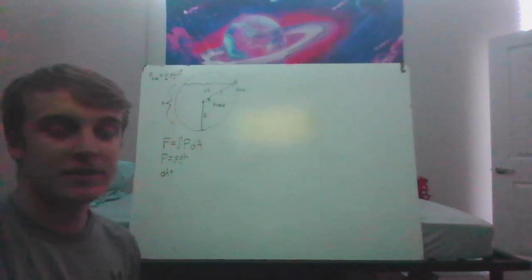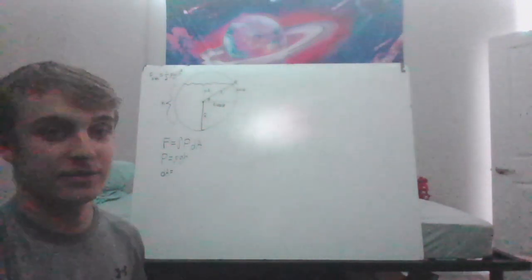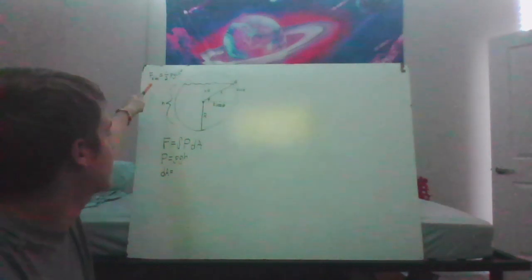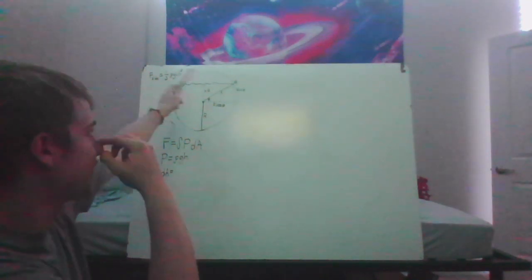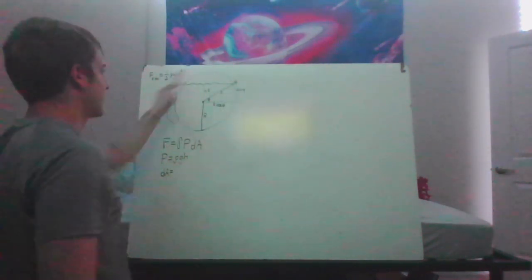So now we're going to start the second part of this problem, where we will be trying to find the force on one circular end cap of this cylinder. So I copied down our answer for the first part up here, and as you can see, I made a diagram of this new second situation of the circular end cap.